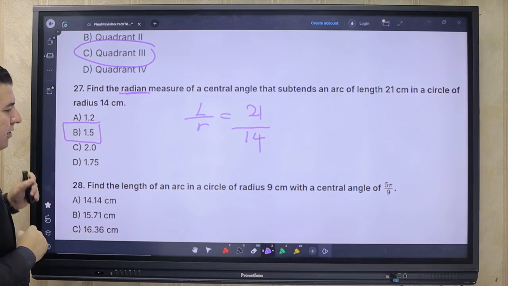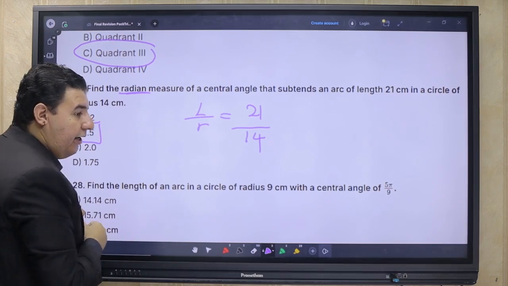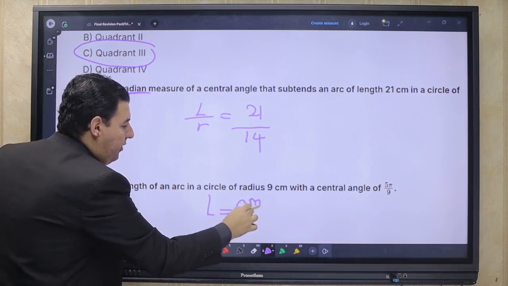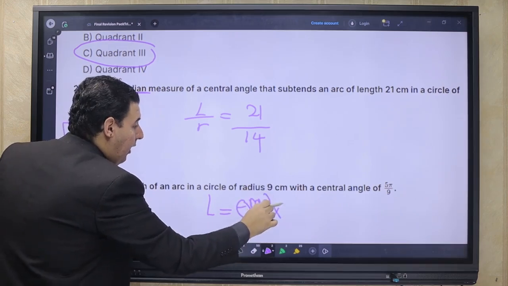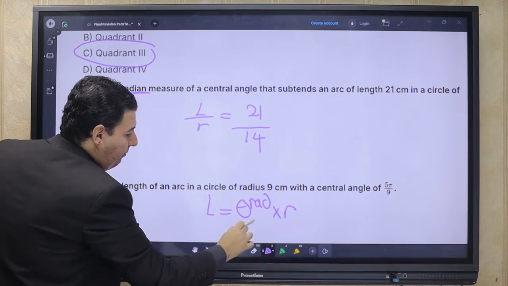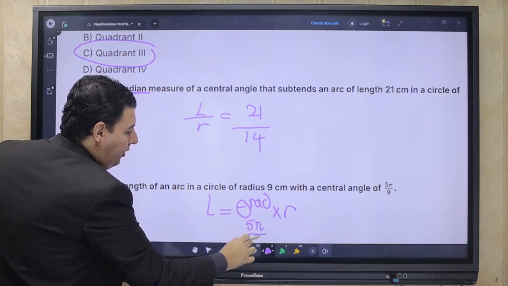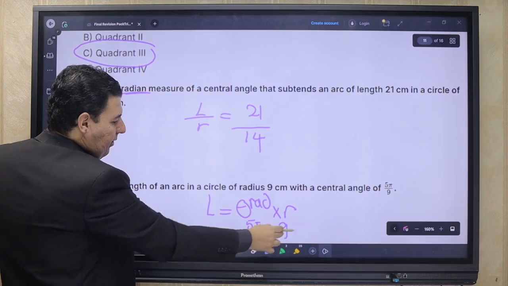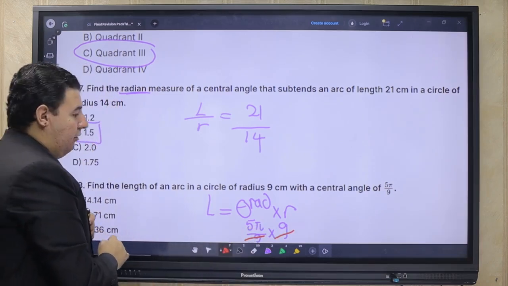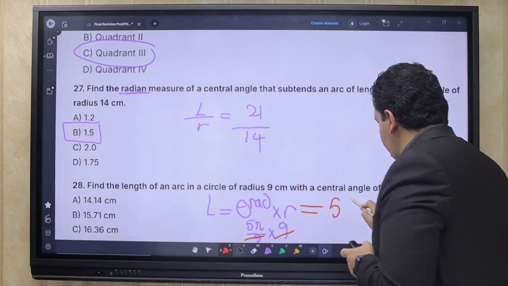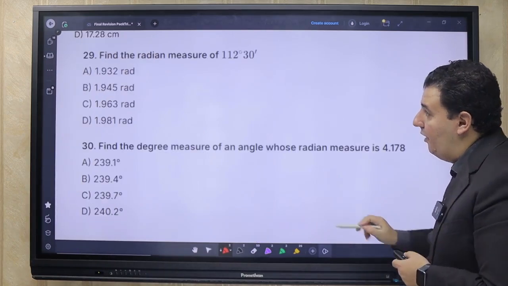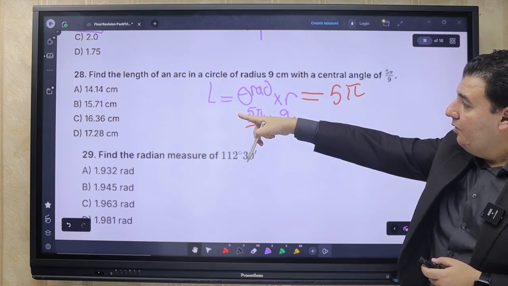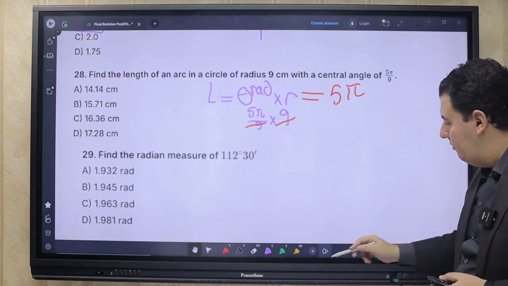Find the arc length in the circle of radius 9 and central angle 5 pi over 9. To find the length of the arc, we are going to multiply the radian measure by the radius. The radian measure equals 5 pi over 9 times radius equals 9. If you notice, 9 will cancel with 9, so it will be 5 pi. What is the answer for 5 pi?